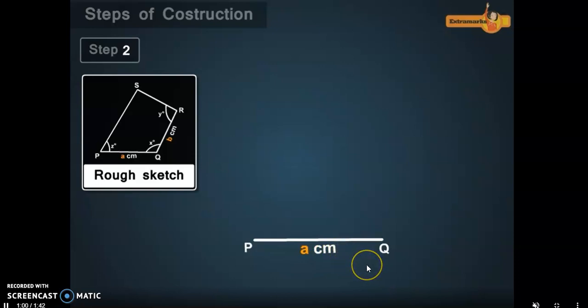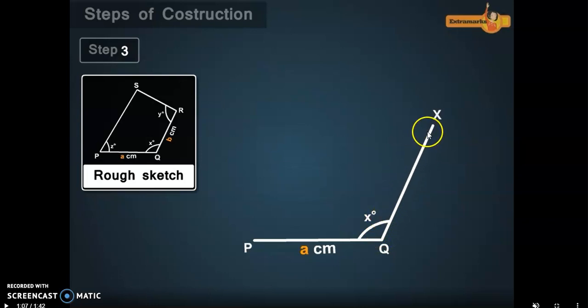And now you should use a protractor, my dear children, at the point Q. You should place the protractor here. See here, if you place a protractor here, you may get confused whether your angle will be on the obtuse side or the acute side. If the angle is 110, from this ray to the next ray, it is greater than 90 degrees, so it should be an obtuse angle.